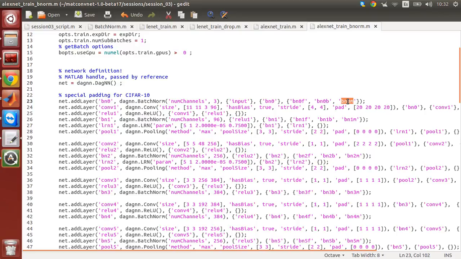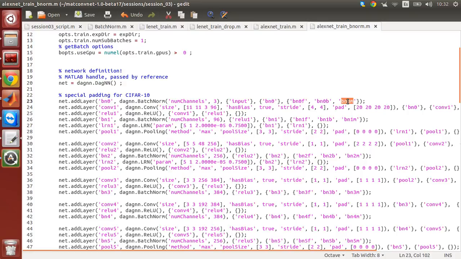Before, in the previous video, I said that batch normalization is computing an average and a standard deviation per mini batch, and that's usually the case. It's true in general. But in this implementation, what MatConvNet does, instead of computing the average and the covariance for each of the batches and using that, is sort of learning those parameters.